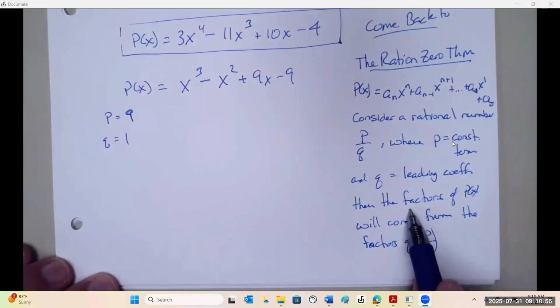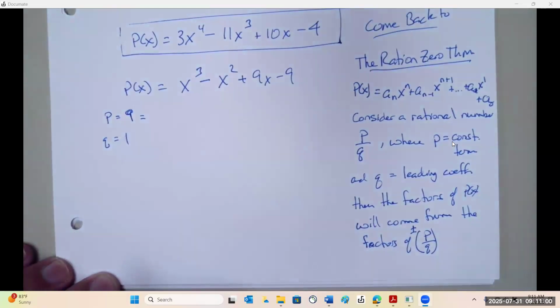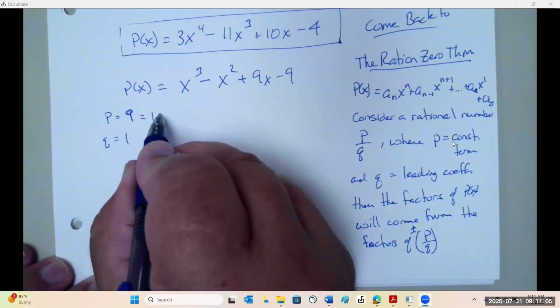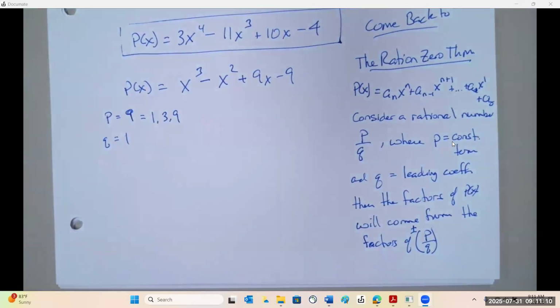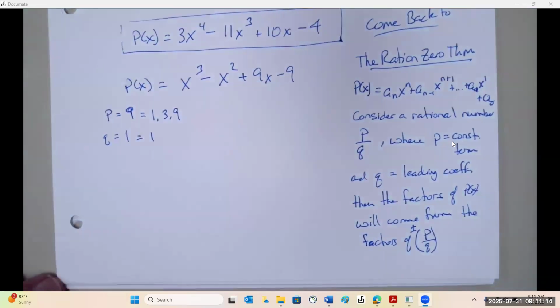What we have to do is find the factors of both of those. What are the possible factors of 9? It can be made up of 1 times 9 and 3 times 3. So the factors are 1, 3, and 9. The factors of this one is just 1.